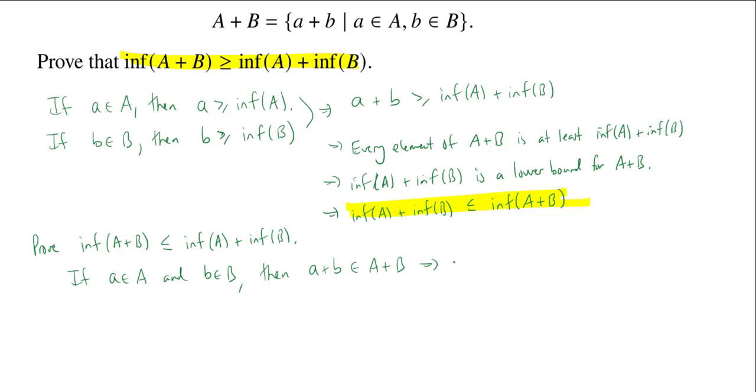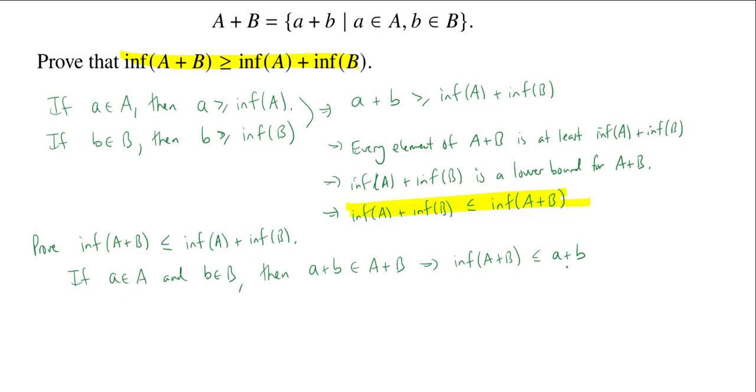Now the infimum of A plus B is a lower bound. So that tells us that the infimum of A plus B is less than or equal to a plus b. And this is true for all a in A and all b in B. So here's what I want to do.